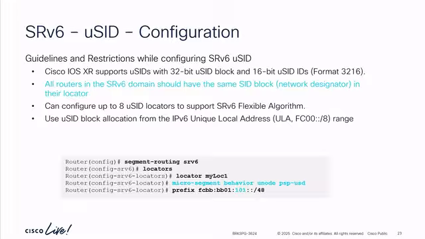If you want micro SID, you have to configure micro segment, behavior, whatever. Okay. If you're wondering what PSP is, it's the penultimate segment popping, but that's the default what we do. And USD is the ultimate segment decapsulation. So, for example, when you forward an IPv4 packet over SRv6, of course, in the SRv6 world, you have to put a new IPv6 header on top of the IPv4 packet, right?